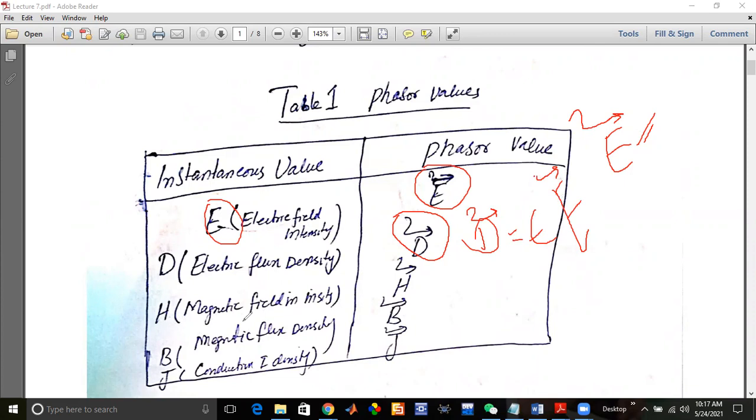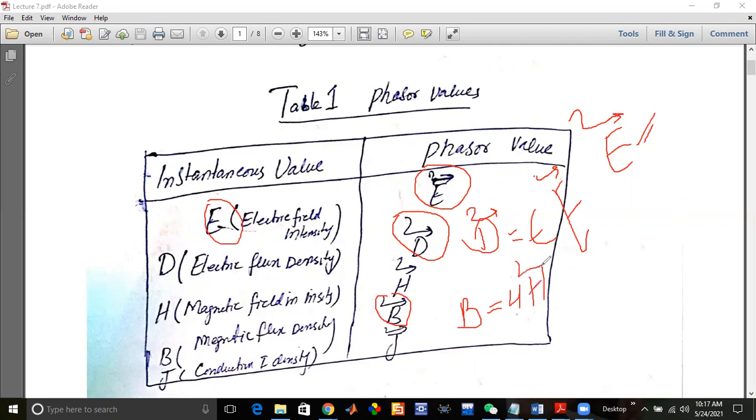H shows the magnetic field intensity, and H with an arrow shows the magnetic field intensity in phasor form. B shows the magnetic flux density, and B with an arrow shows the phasor form. And this is the relation between B and H: B is mu naught times H. What is mu?